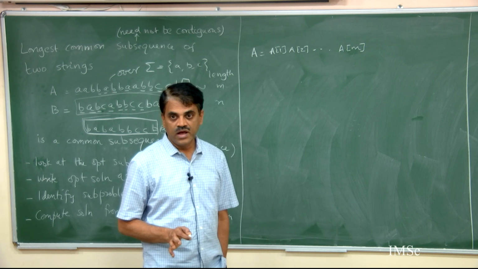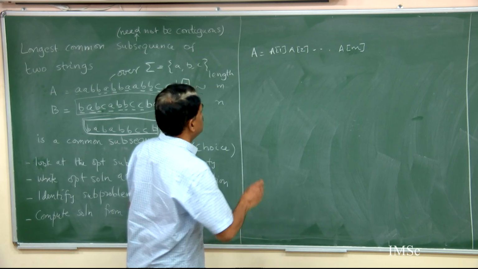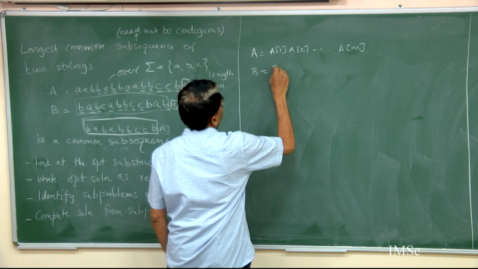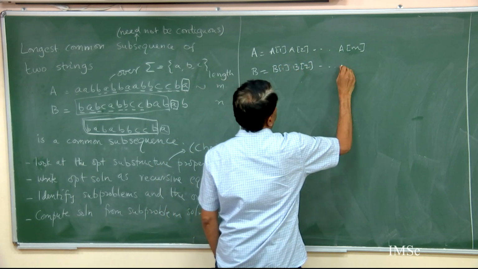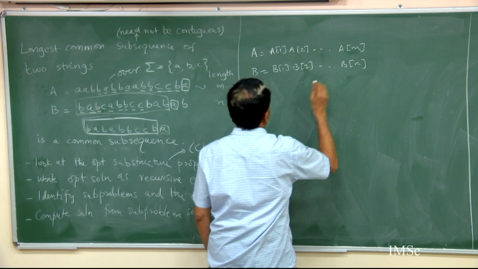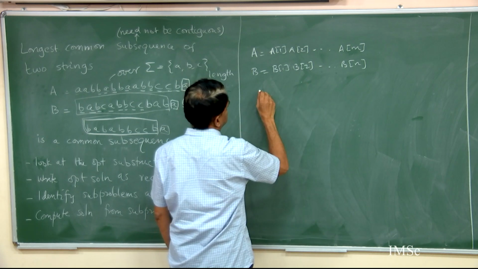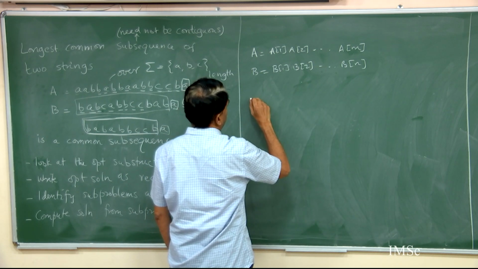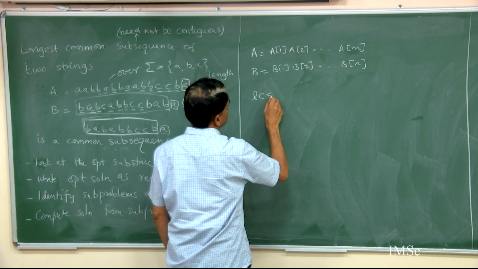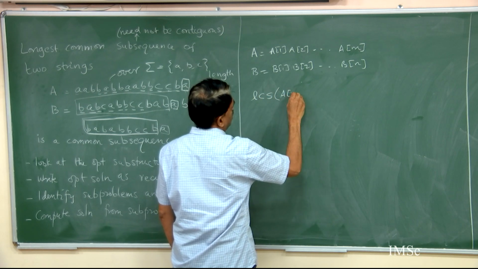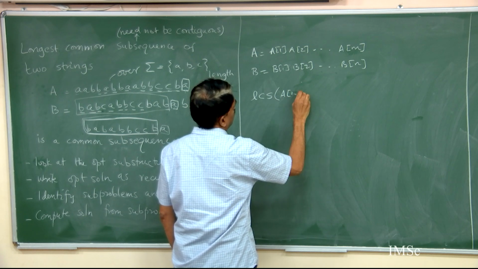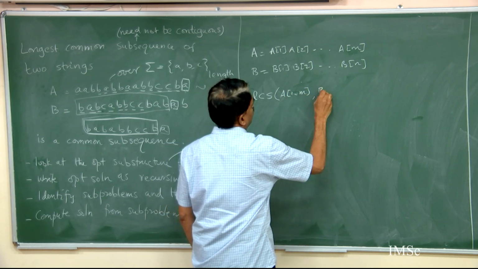Is that fine? Okay. So my B is B1, B2, up to Bn. Let's say I'm looking for the longest common subsequence length of A1 to Am and B1 to Bn.